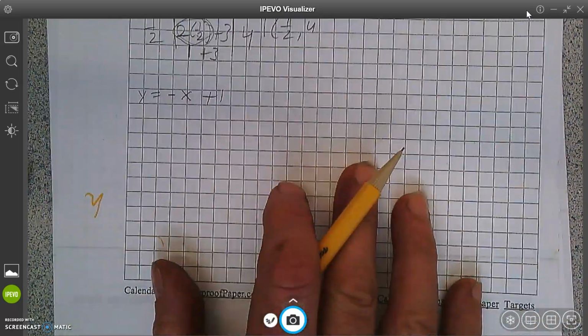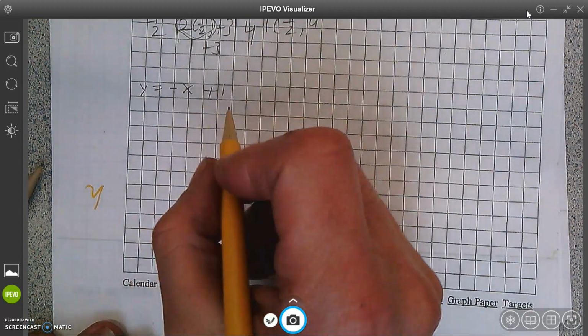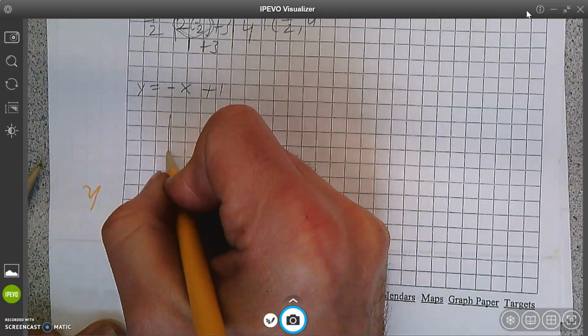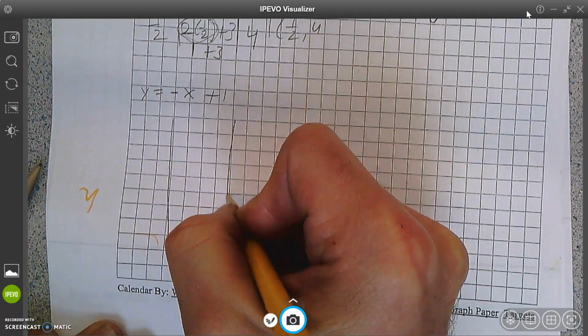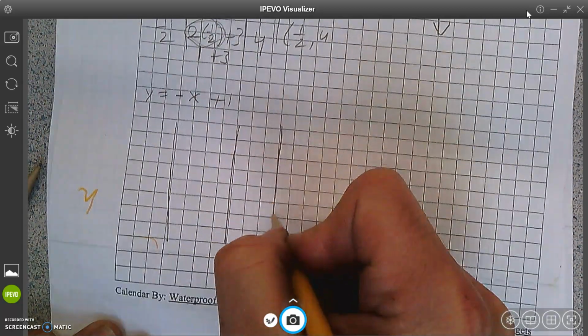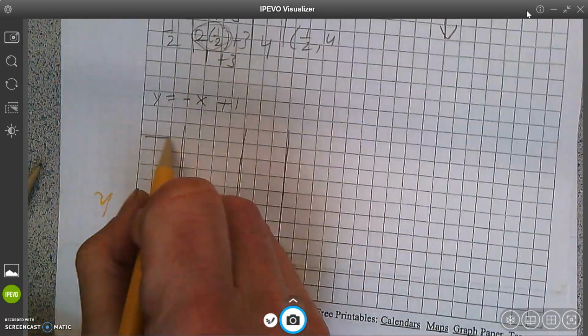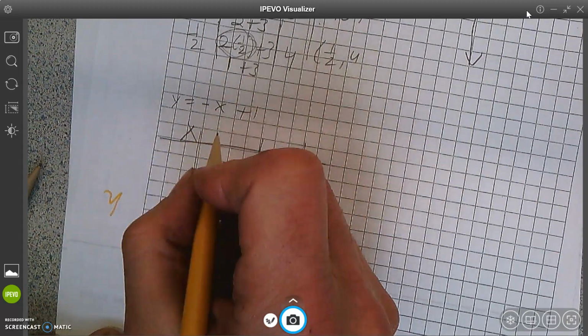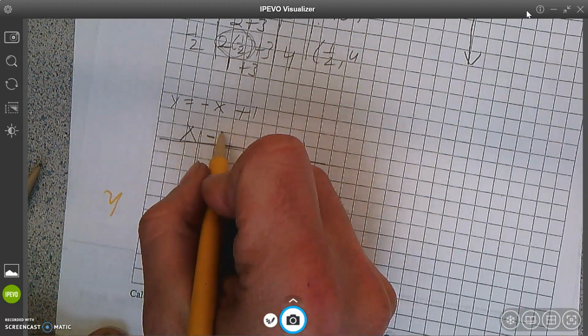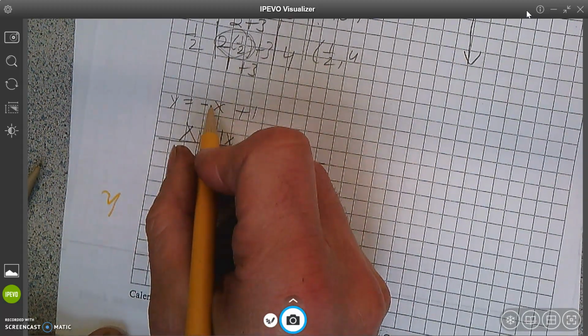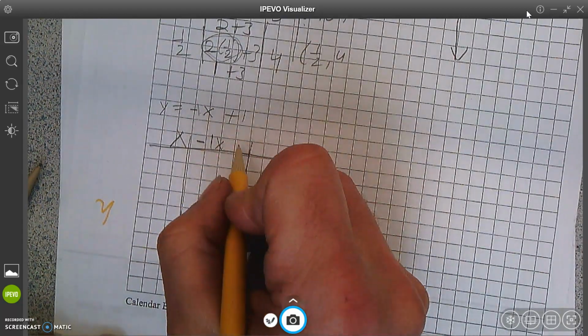Let's try another one. Ooh, -x plus 1. Let's get our chart going first. 3 vertical lines. X, this is -1x, so I'll put -1 here.